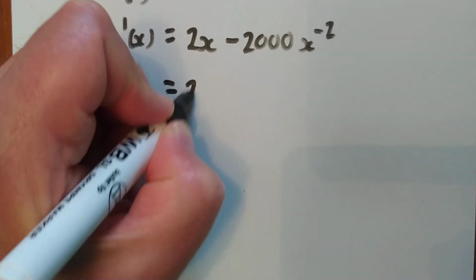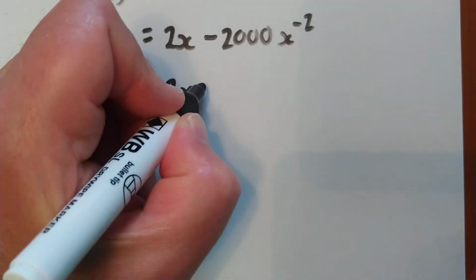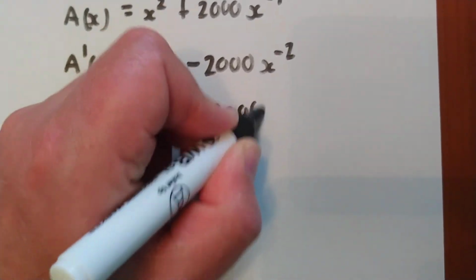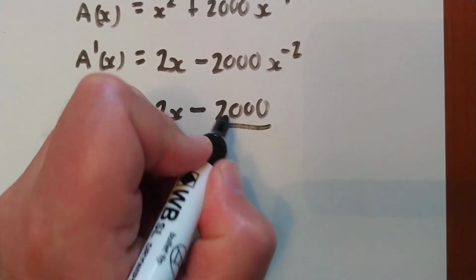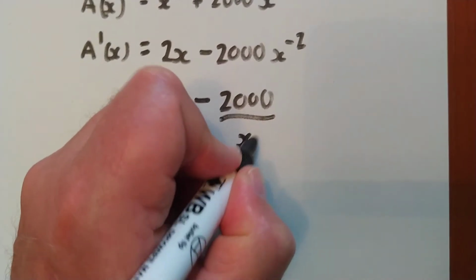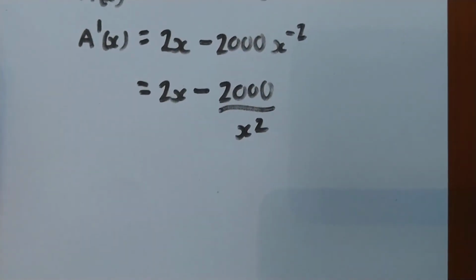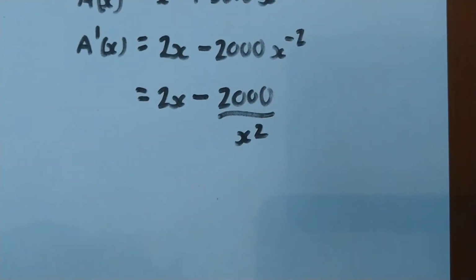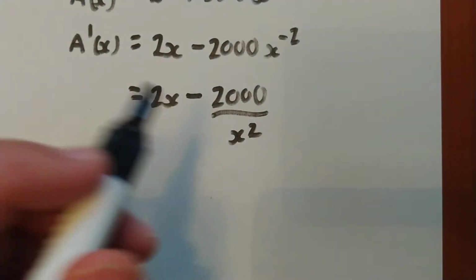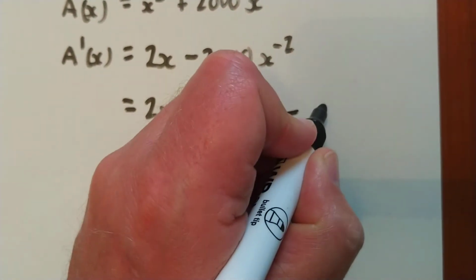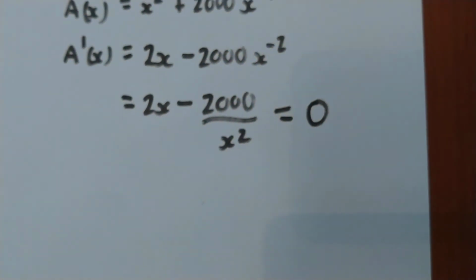I'm going to rewrite it, since I know I'm going to be solving it in a little minute, and I don't like the negative index there, so I'm going to put this back underneath. And now to solve it for a stationary point, I'm going to take this expression and set it equal to 0.